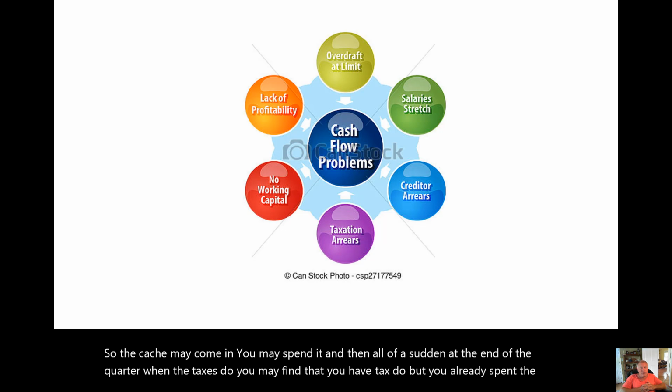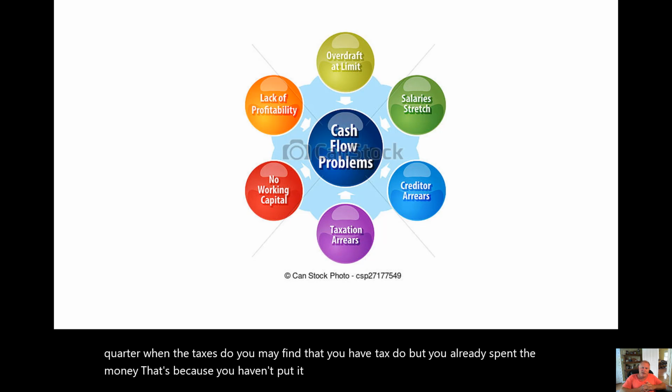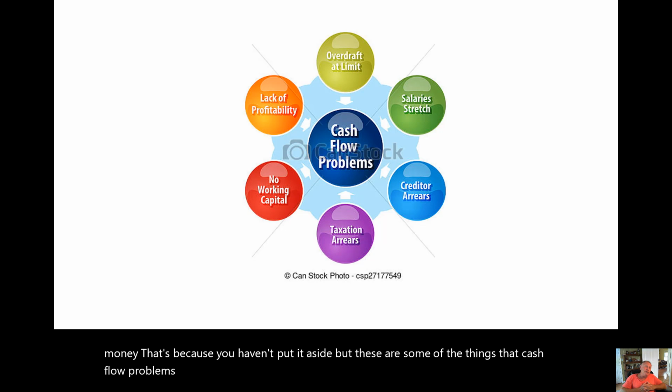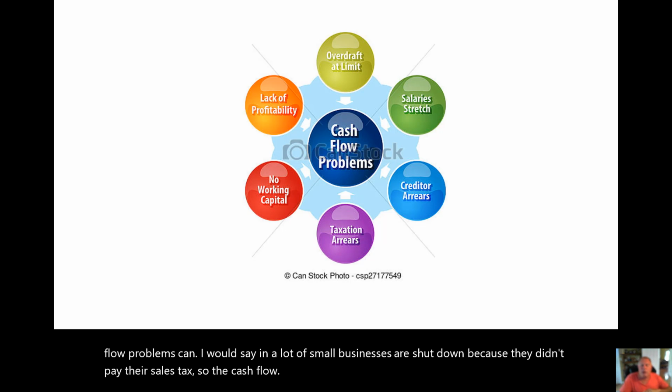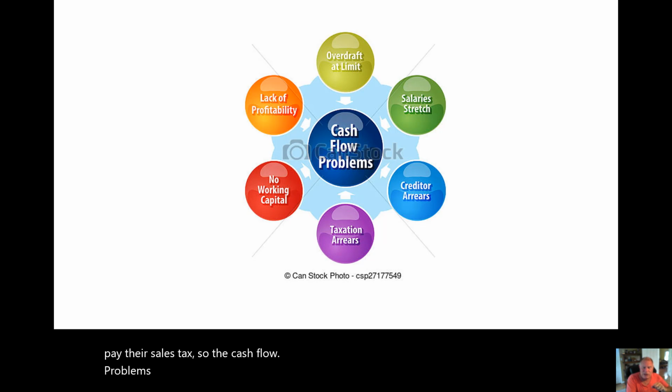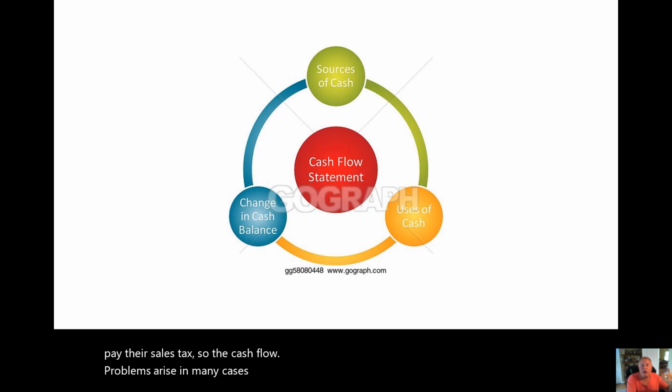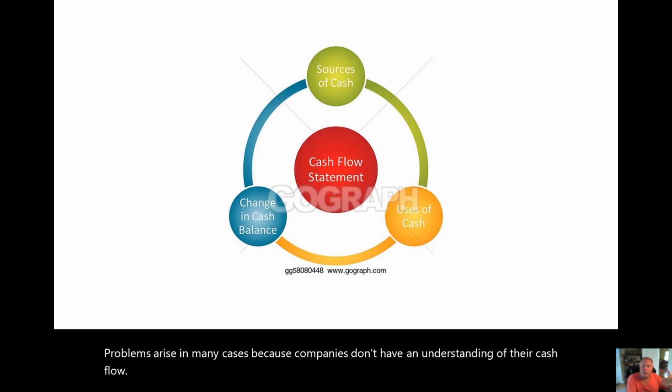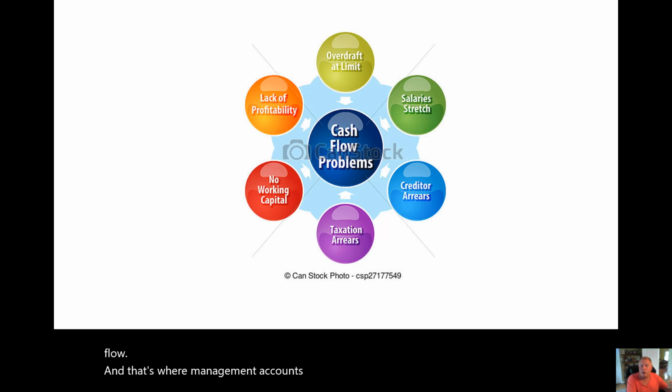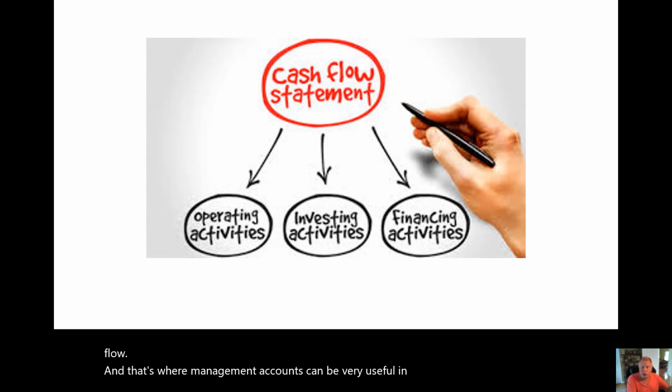That's because you haven't put it aside. But these are some of the things that cash flow problems can cause. I would say a lot of small businesses are shut down because they didn't pay their sales tax. So the cash flow problems arise in many cases because companies don't have an understanding of their cash flow. Okay? And that's where management accountants can be very useful in providing that information.